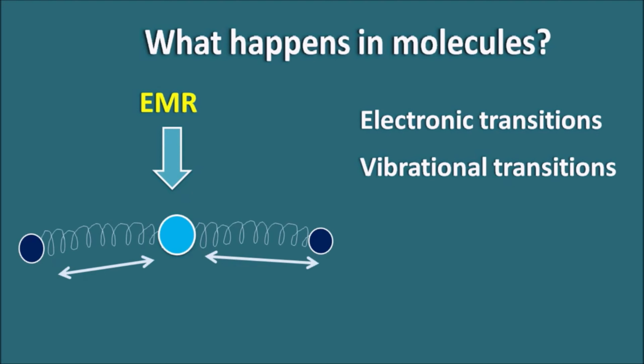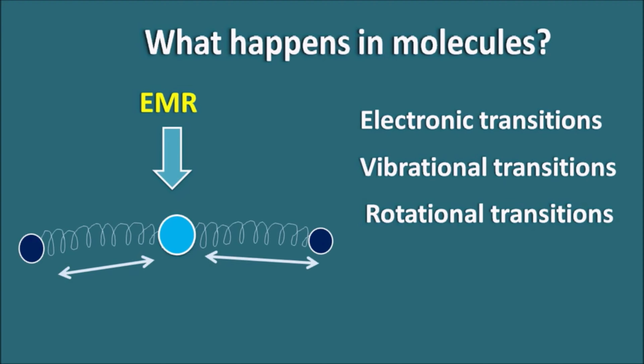And even the bond angles may be modified so that the atoms in the molecule can vibrate, leading to the vibrational transitions. And finally, we can also observe the rotational transitions. When the electromagnetic radiation is very less energetic, then it can produce simple transitions so that the molecule can be rotated either clockwise or anti-clockwise.